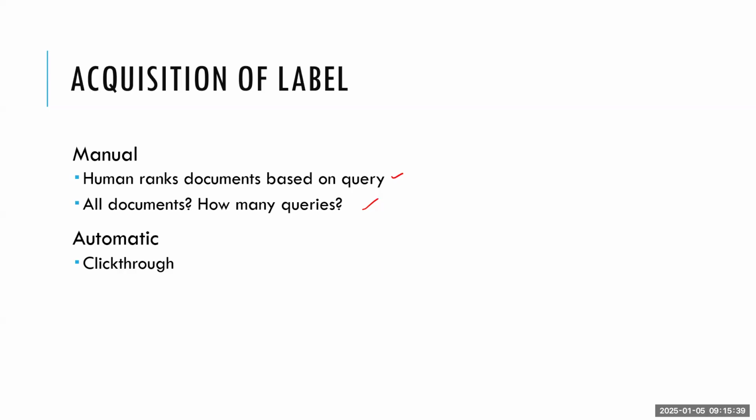So in most benchmark databases for ranking problems, most of the data is not from manual labeling. Most of it comes from automatic collection using the click-through. What is click-through?